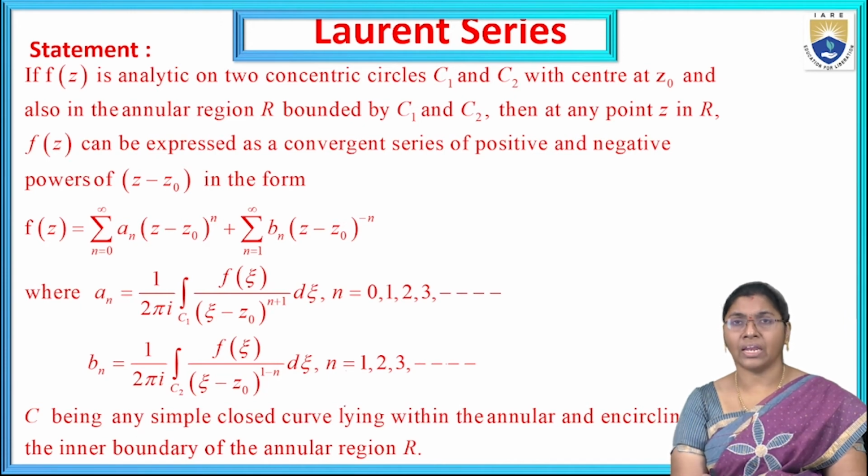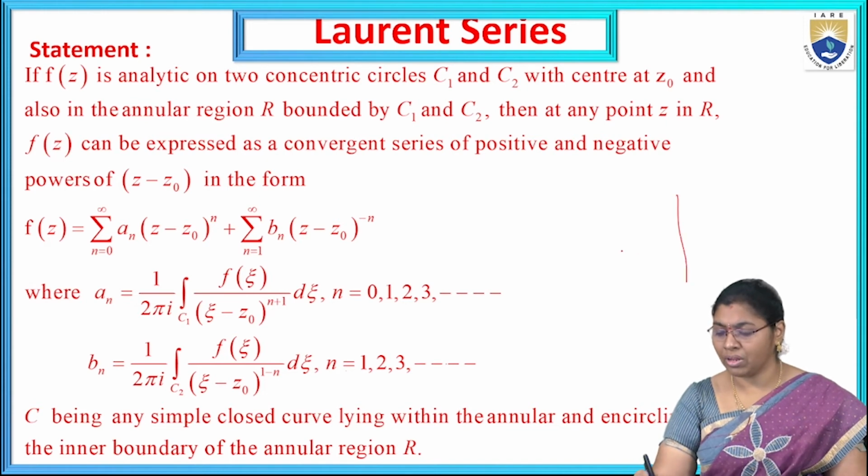Now C is any simple closed curve lying within the annular region and encircling the inner boundary of the annular region R. Here a complete circle like this, and another circle here: C1 and C2.